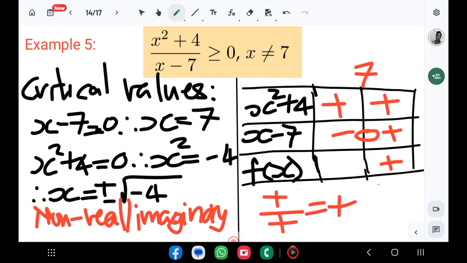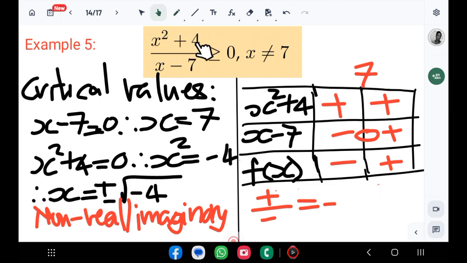Now to the left of 7, we've got positive divided by negative, and that equals negative. Now, when is this 0? The top is never 0, but the bottom is 0 at 7. So at 7, the whole f of x becomes undefined.